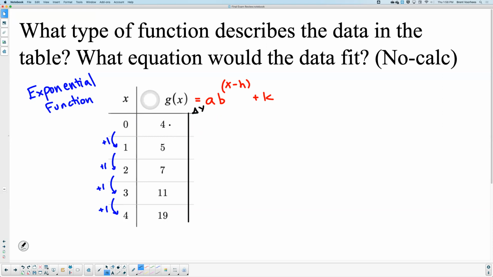What are we changing going from 4 to 5? 1. How much from 5 to 7? 2. How much from 7 to 11? And then how much from 11 to 19?